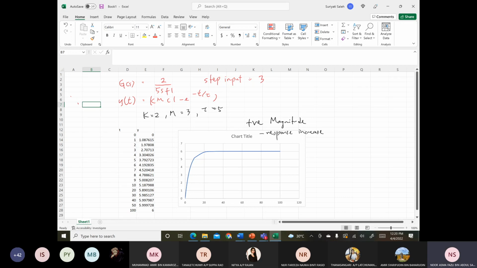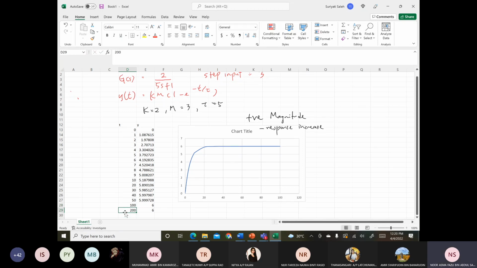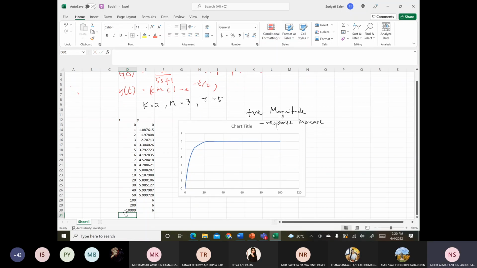If I try to increase the time, for example, here I put 200, you still get 6. I put 1000, you still get 6. So meaning that it's not going to change anymore. Although you increase the time, you still get the same value. This means the process has reached a new steady state.